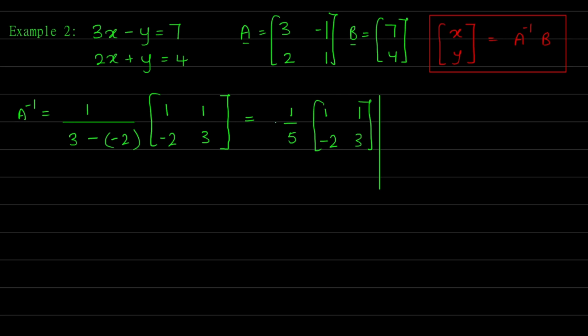Next step is to simply plug in these values into this equation that we have over here. Therefore, we have x, y being equal to A inverse, which is equal to 1 over 5, 1, 1, minus 2, 3, multiplied by B, which is 7, 4.